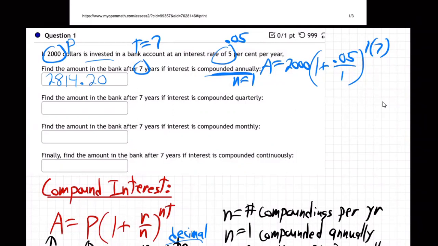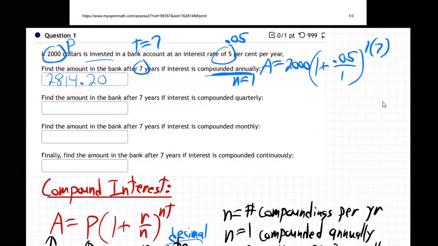Yeah, we'll just go to the nearest penny. $2,814.20. So your $2,000 will grow to become $2,814.20 after 7 years, being compounded at 5% interest. So you got a free $800, notice. Well, it took 7 years. And you had to leave your $2,000 sitting in there. You couldn't do anything with your $2,000 for 7 years.